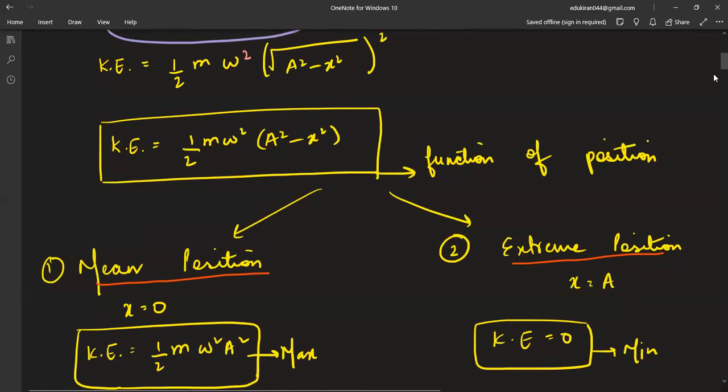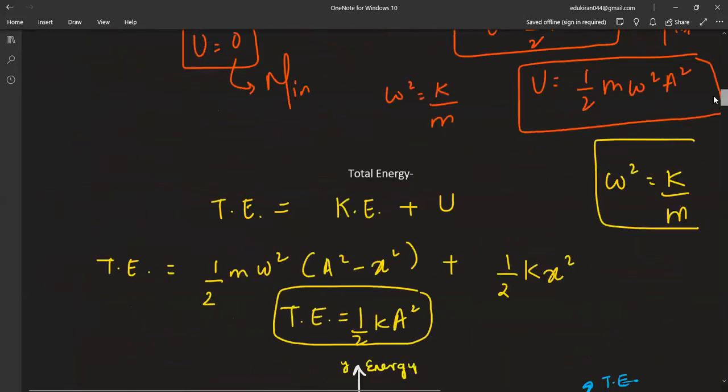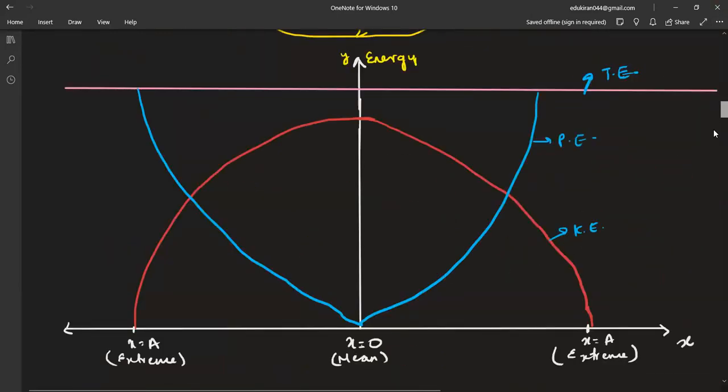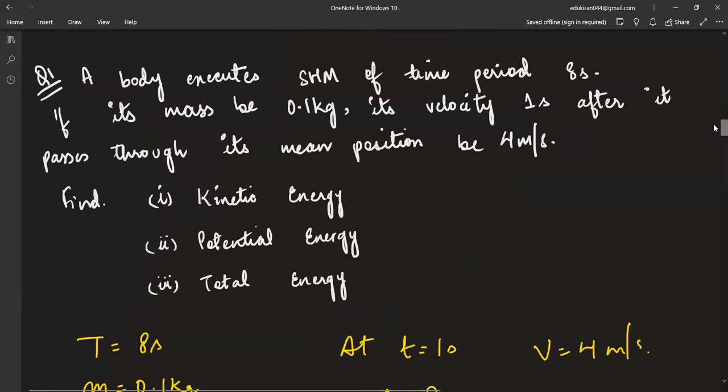Understood? This is because half k x square has been written. Since half k x square has been written, we have taken that the total energy is divided into two parts, because nothing else has been mentioned in the question.